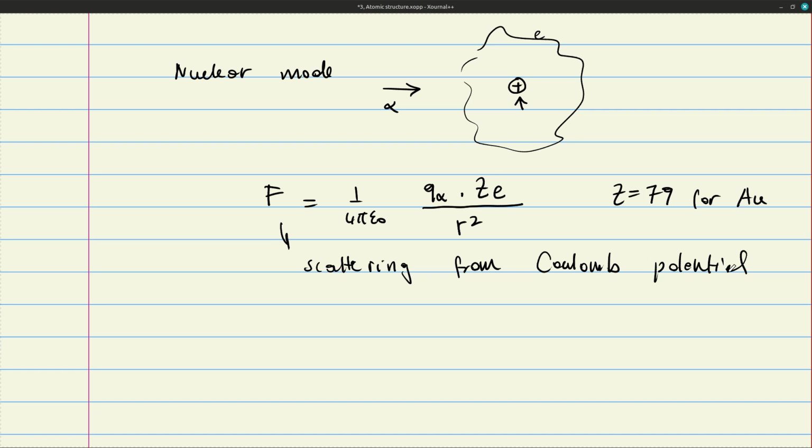And so this is classical scattering of alpha particles from a Coulomb potential. Rutherford actually sat down and calculated that, which your book also has. Let me just write the results. So he found n of theta was proportional to z squared e to the 4th divided by the 4th power of sine theta over 4.